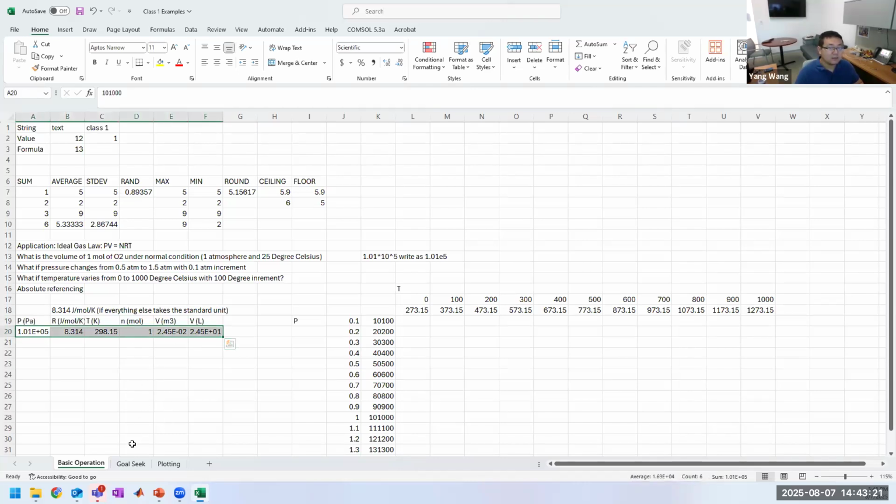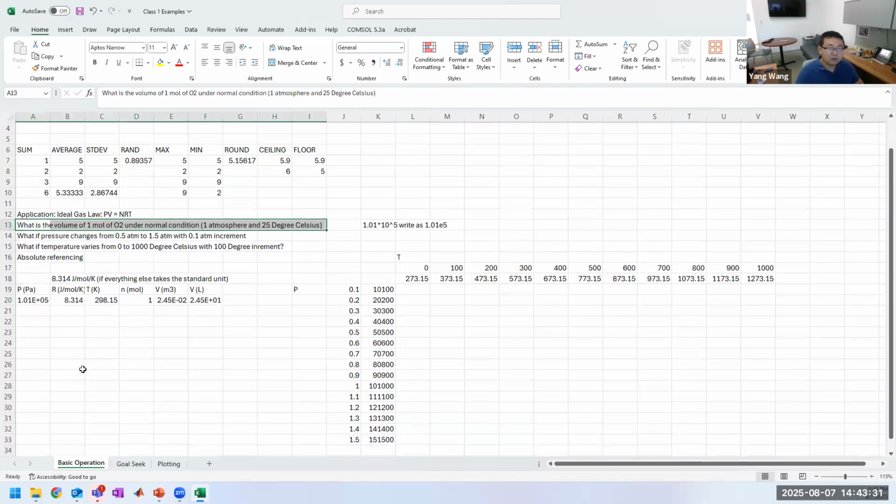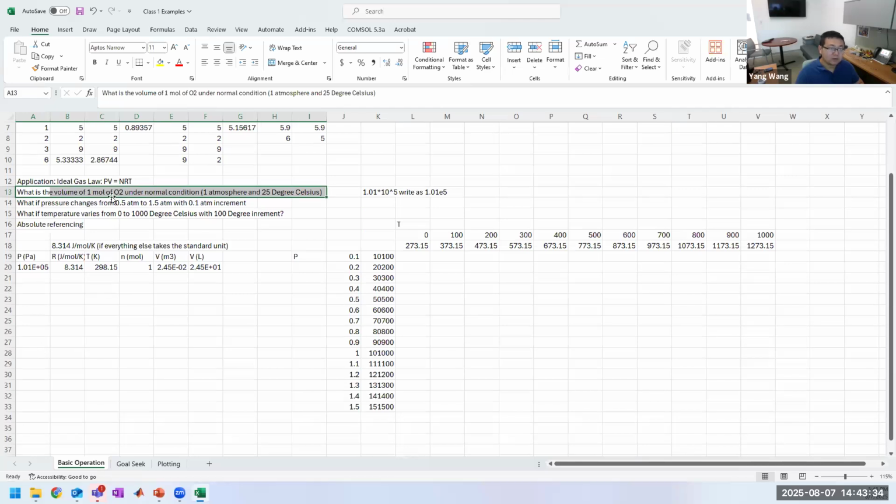So now let's say that we have changed our idea. Instead of having just this single point calculation, which you can do with your calculator, now we want to generate a table, right? We're now interested in the property of the oxygen under a range of pressures.